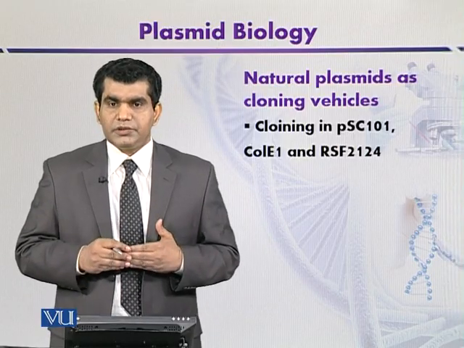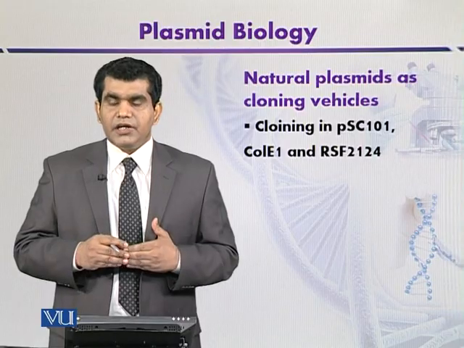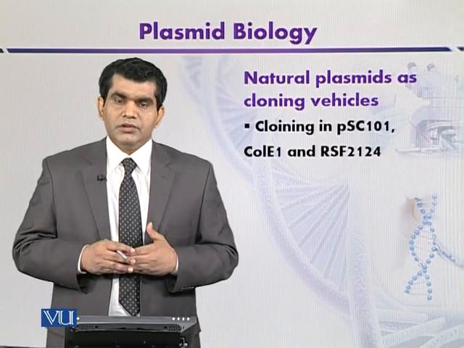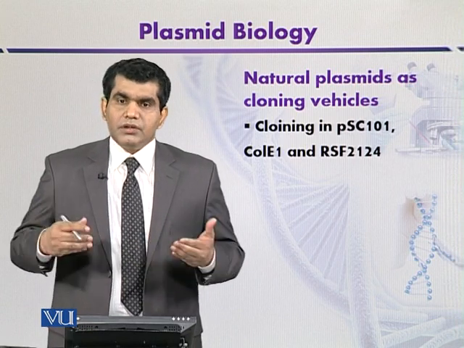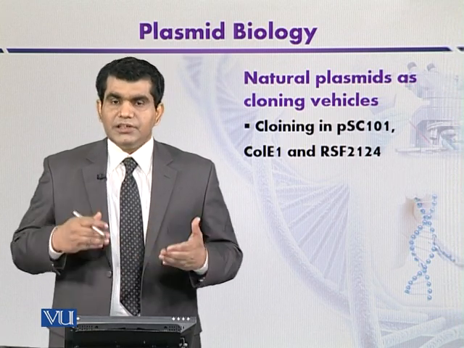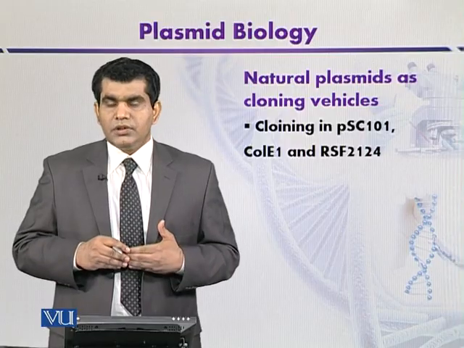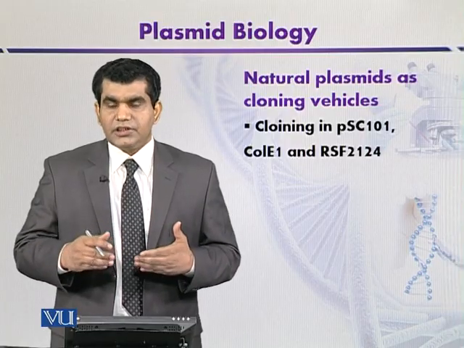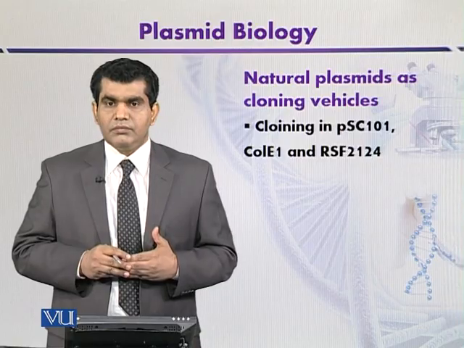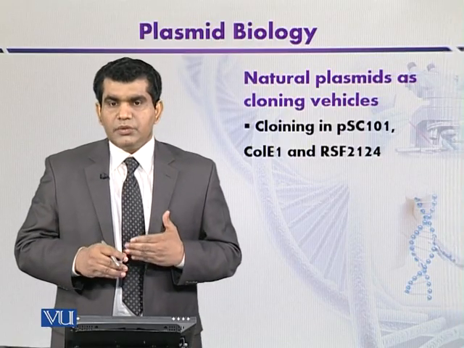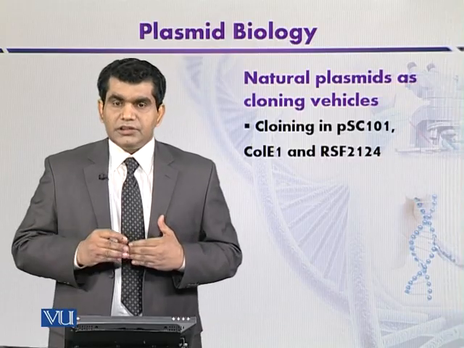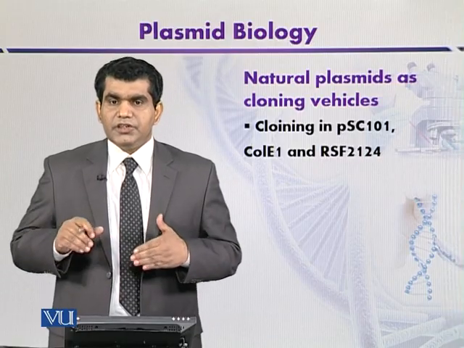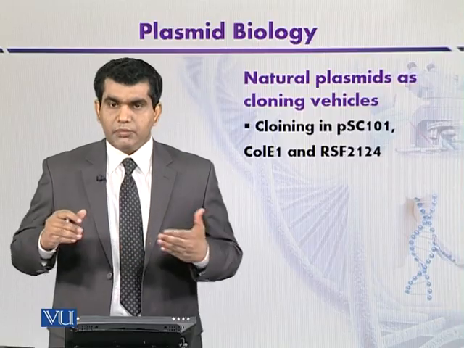So for this purpose, its derivative RSF2124 is best suited. The reason is that it contains an additional transposon that mediates resistance against ampicillin. Again, suppose that the foreign DNA is inserted within the origin of the gene that encodes colicin E1 production.